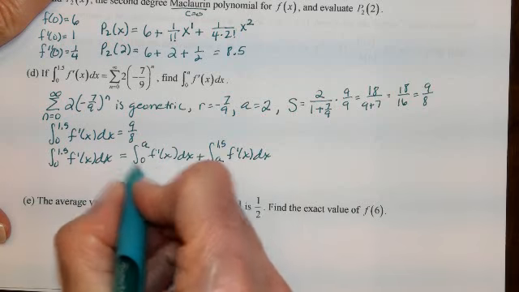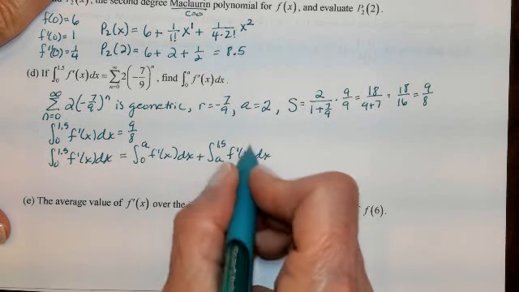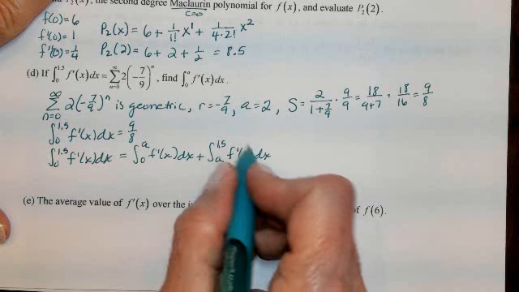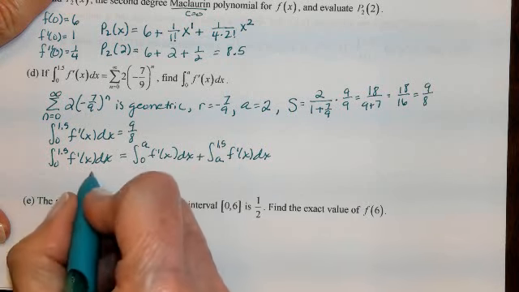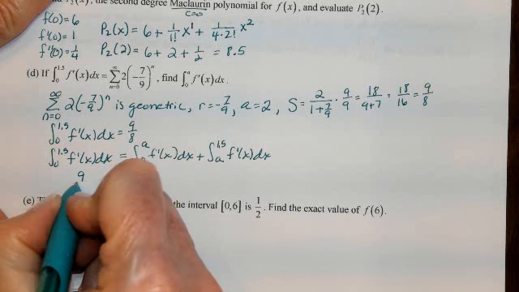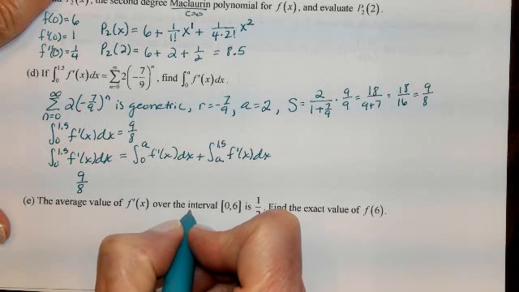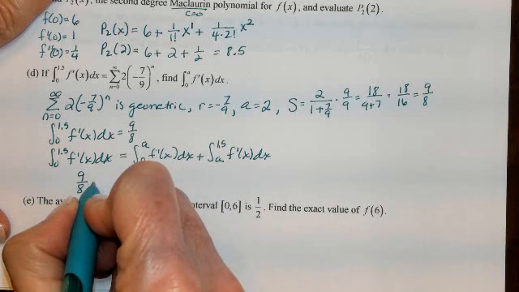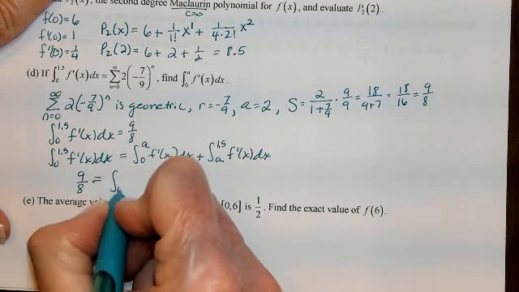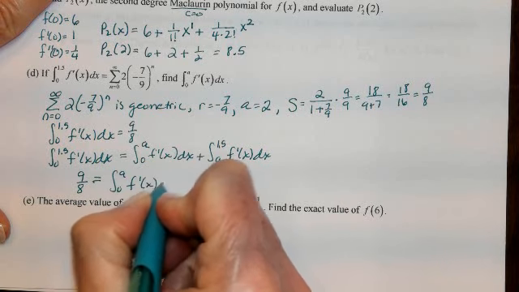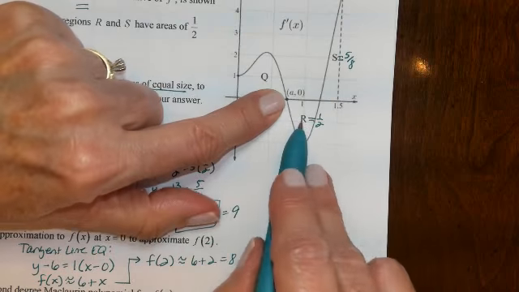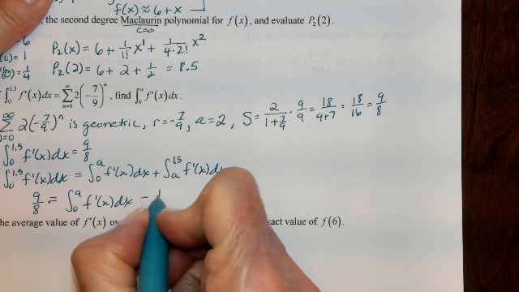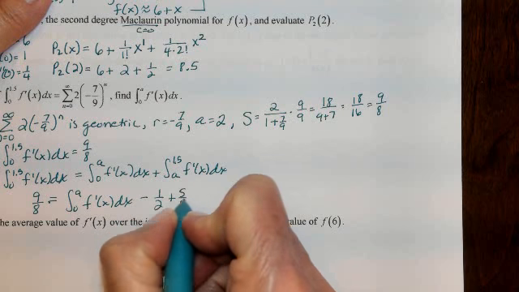So that tells me, this is what I know, right? That's just negative r plus s. So this I'm going to take to the other side, and this is my 9/8. So 9/8 that I just found is equal to, let me write this out again, the integral from a to 1.5, that's negative 1/2 plus 5/8, right? So minus 1/2 plus 5/8.